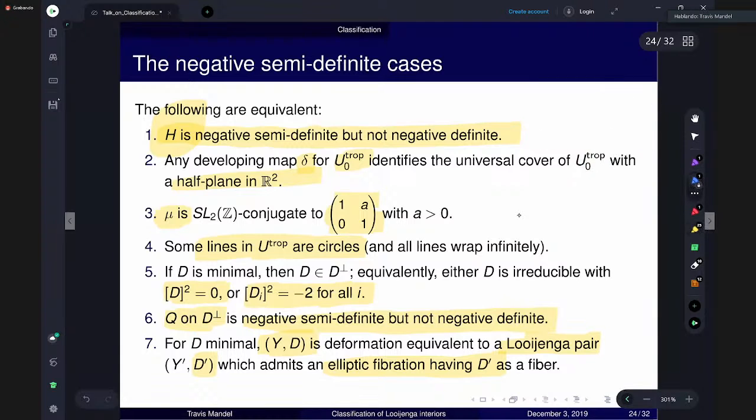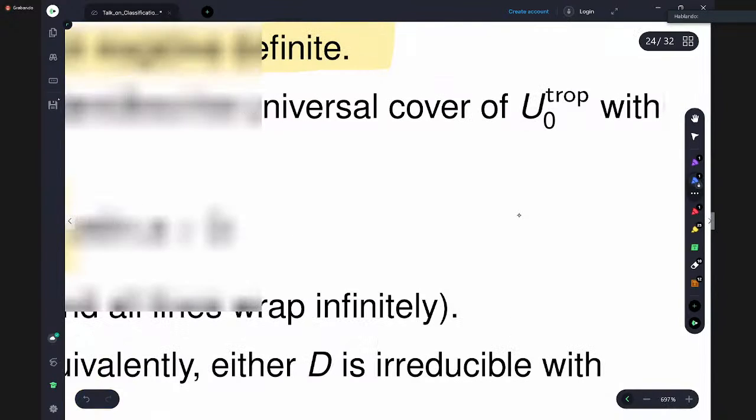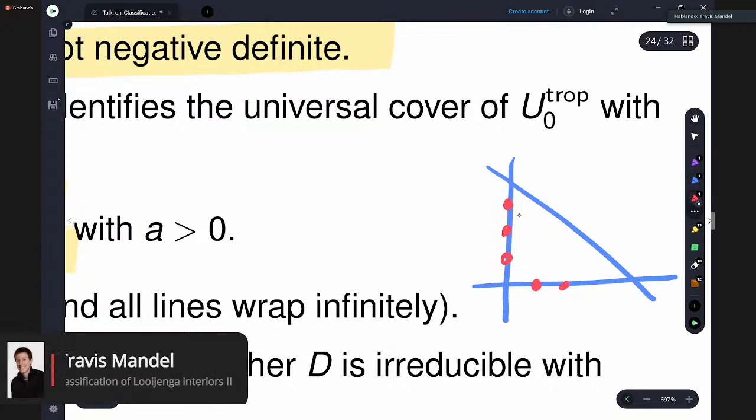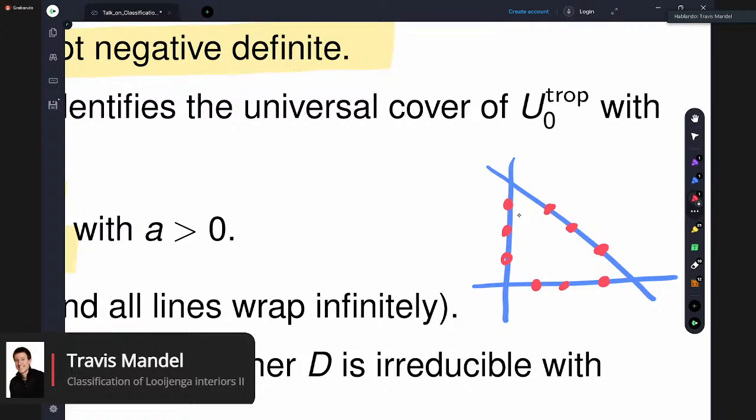Say I start with P2, and I blow up 3 points on each boundary divisor. So now each boundary divisor will have self-intersection number -2.